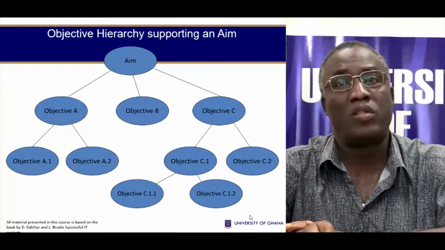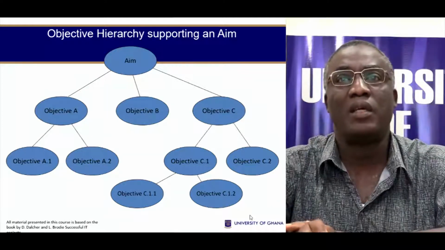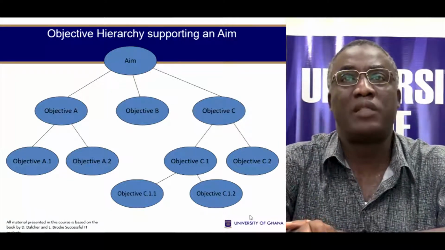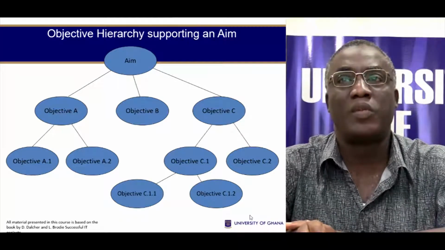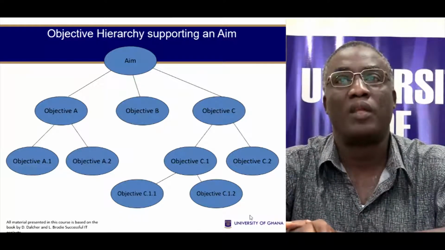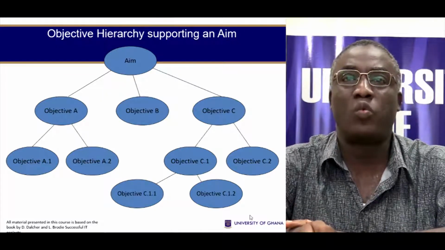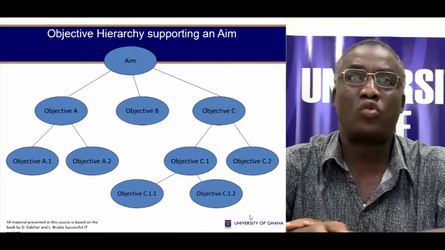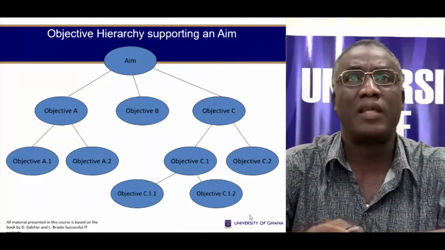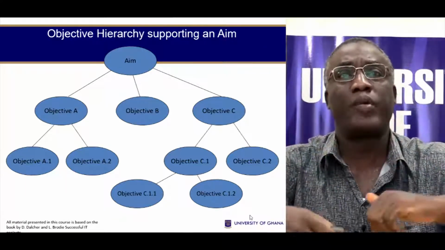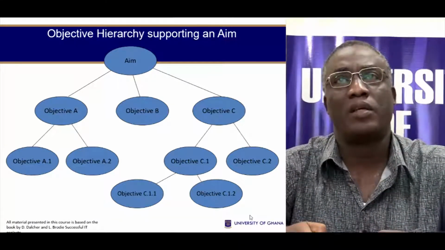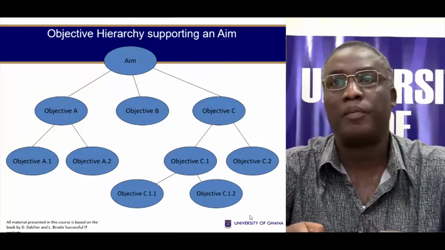Objective B has no supporting objectives. Objective C is supported by Objective C.1 and Objective C.2. And Objective C.1 is supported by Objective C.1.1 and Objective C.1.2. So you can see a hierarchical breakdown of your project aim.